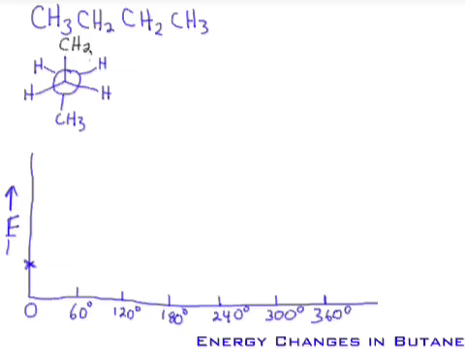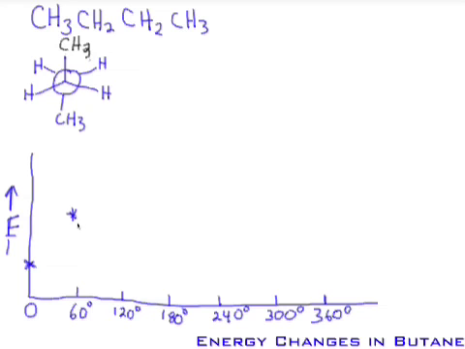When I rotate it one step to get eclipsed, I'm going to get a structure that's pretty high energy. So I'm going to go to 60 degrees, and when it's rotated to this position and lines up with this H, and we're going to draw that, it's going to hit higher energy, because eclipsed, we learned, is higher energy.